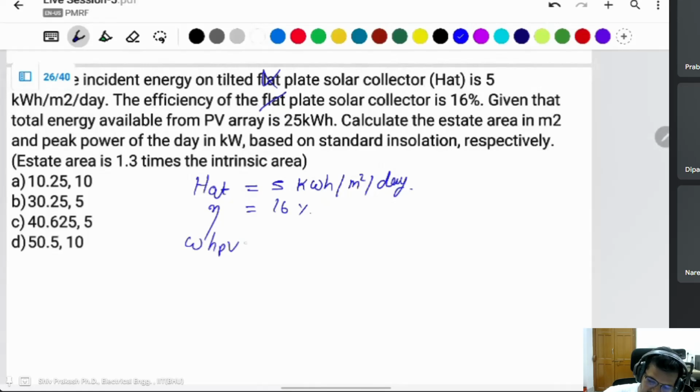Watt hour PV is given as 25 kilowatt hour. Okay. Calculate the E state area in meter square and peak power of a day in kilowatt based on standard insulation respectively.